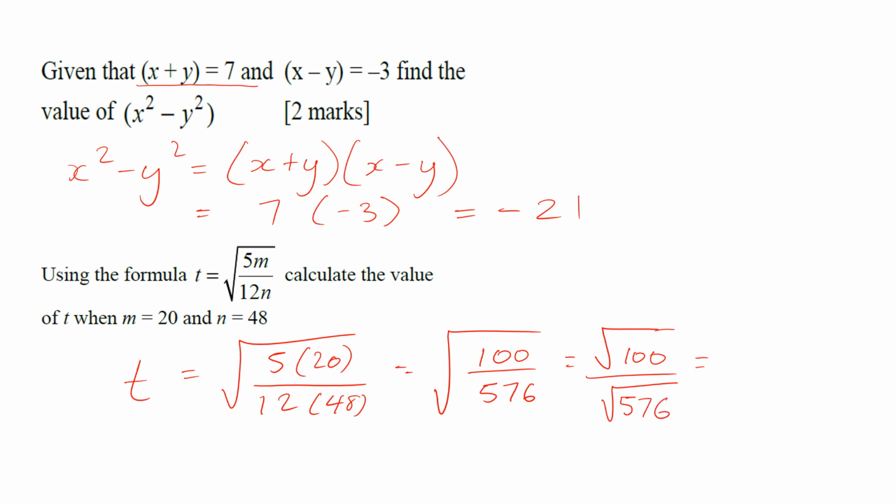Again, I took this approach because I know that 100 is a square number and 576 is also a square number. Now, the square root of 100 is 10 and the square root of 576 is 24. Now, 10 over 24 can be reduced to 5 over 12 by dividing both 10 and 24 by 2.